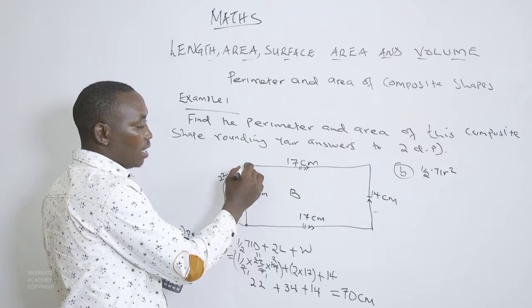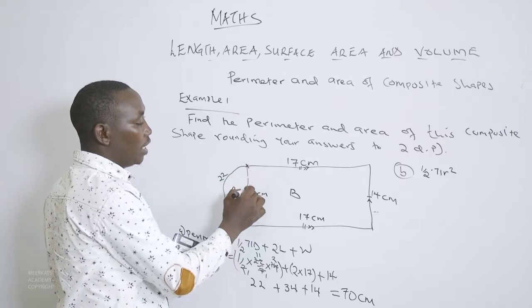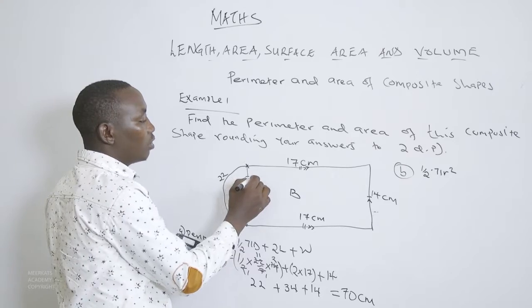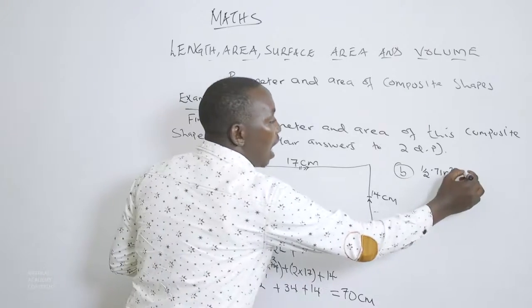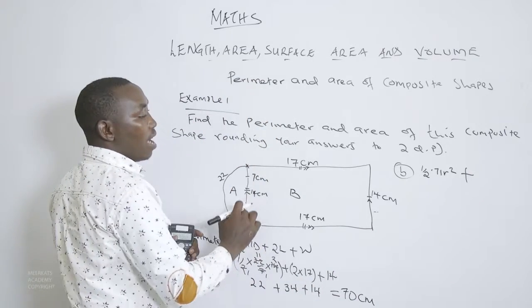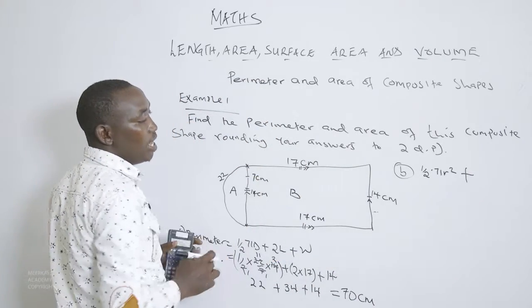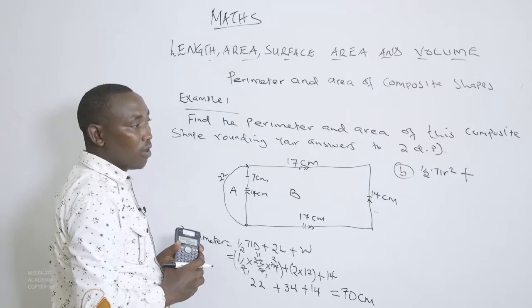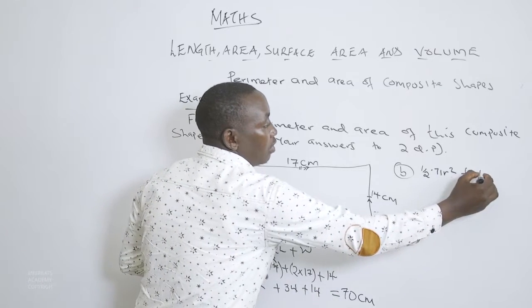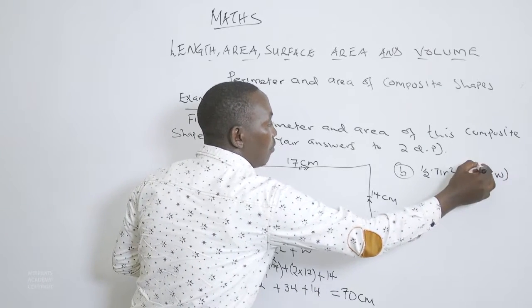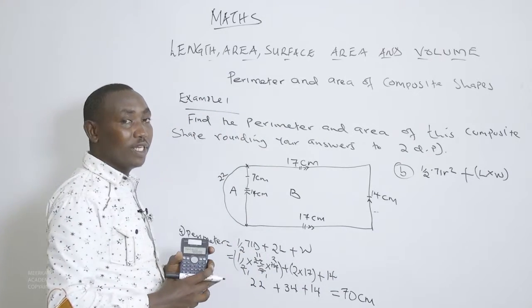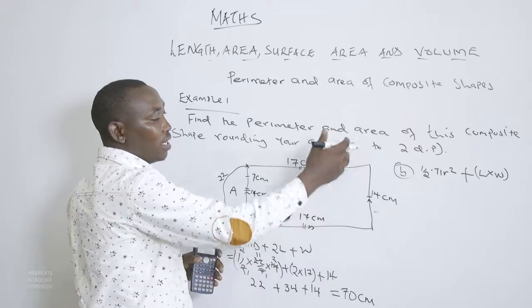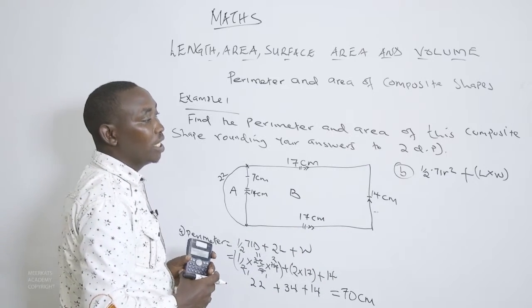Given that the diameter from here up to here is 14, the radius is a half of 14, which is 7 centimeters. Added to the area of part B, which is a rectangle, and the area of a rectangle is normally given by length multiplied by the width, where our length is 17 centimeters and our width is 14 centimeters.